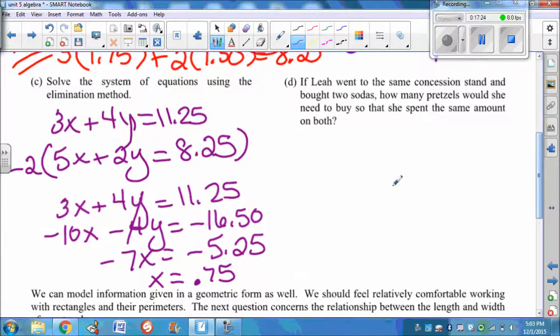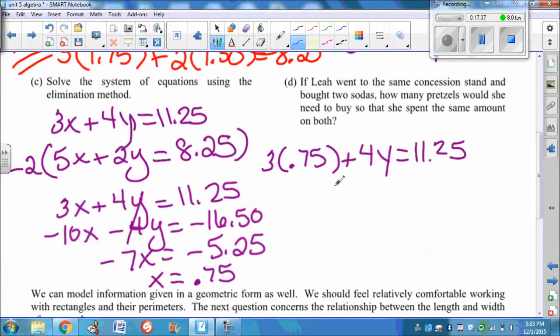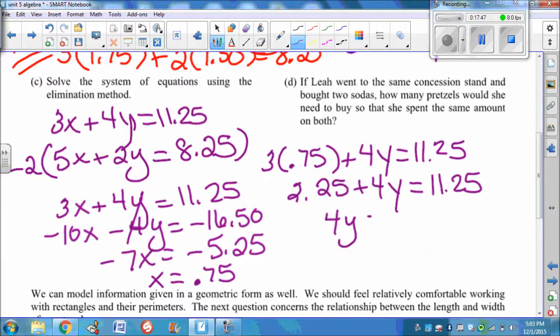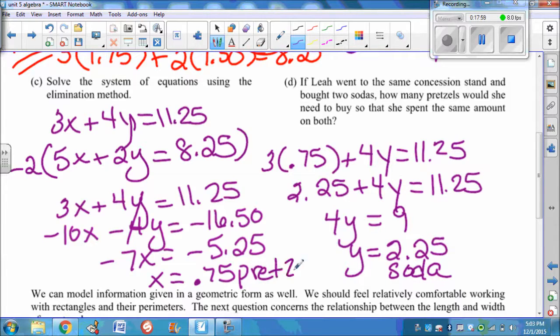So take that value and substitute that back into one of the equations to find out the cost of a soda. So $2.25 plus 4y equals 11.25. 4y equals 9. Dividing, we end up with 2.25 for a soda. Make sure you label these. And that's the cost of a pretzel.